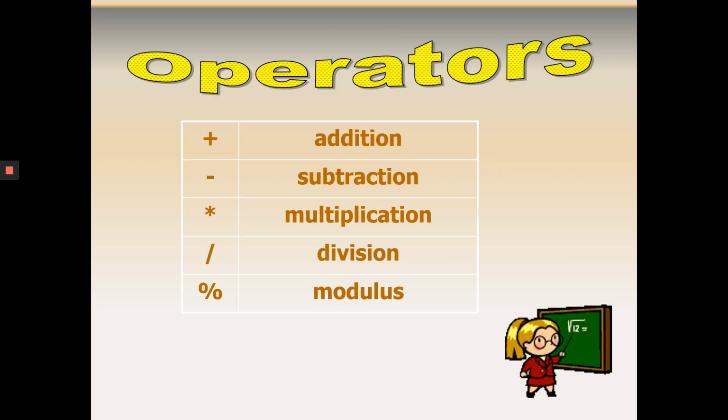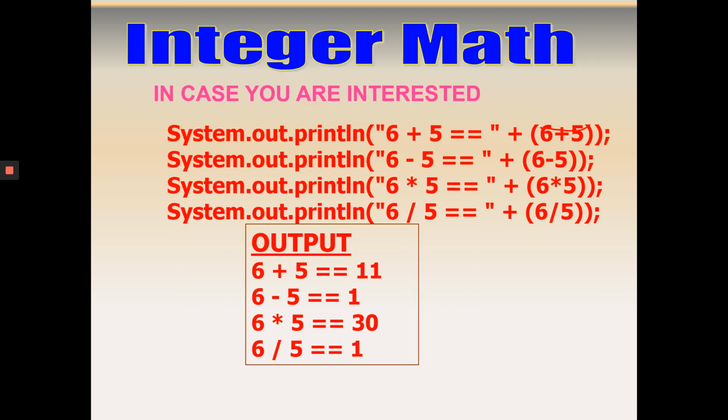So here are the operators that we're going to use when we do some kind of mathematical expression: addition, subtraction, multiplication, division. And then this one is going to be new. This is called the modulus, and we'll talk more specifically about that in a minute. But in case you're interested, this says 6 plus 5, and it's in double quotation marks. When it's in double quotation marks, it doesn't do any calculation here.